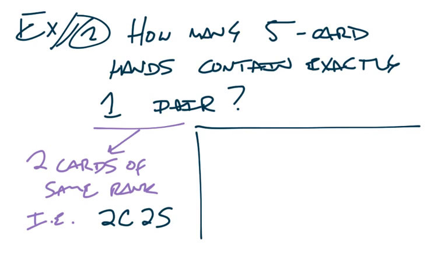Now, this kind of way of approaching these problems that I'm about to introduce takes practice. Alright, this takes a lot of practice. So here's how I'm going to view this. We need to build a 5-card hand.